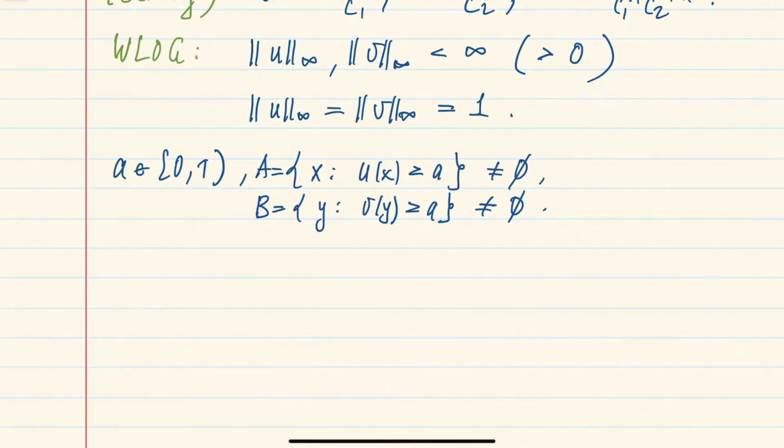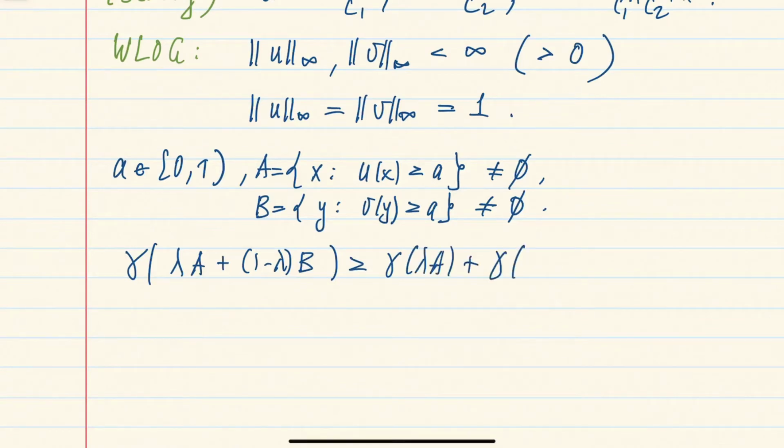Okay, in particular, the Lebesgue measure of... we're actually going to apply this inequality to the set lambda A and 1 minus lambda B. So we want to use that gamma of lambda A plus 1 minus lambda B is greater or equal than gamma of lambda A plus Lebesgue measure of 1 minus lambda B. And because we are on the real line, when you scale your set by a constant, the Lebesgue measure is scaled by a constant.